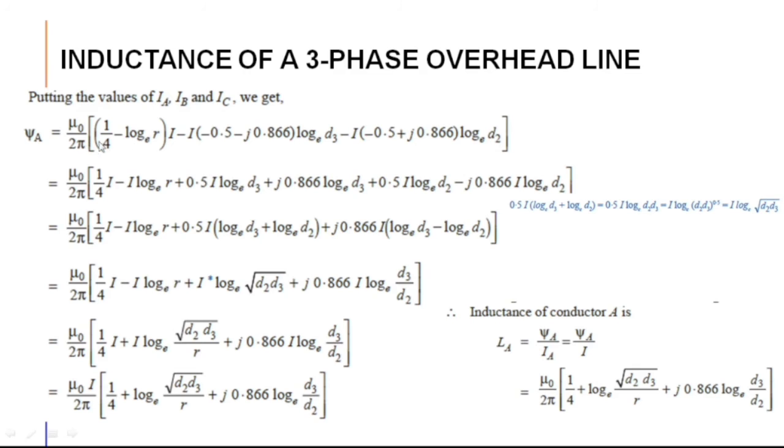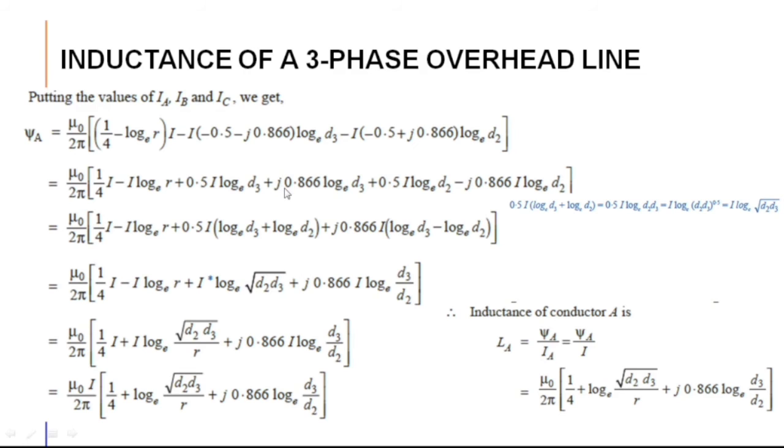Further simplification by expanding all these terms: 1 by 4 I minus I log R base e, plus 0.5 I log D3 base e plus j0.866 log D3 base e, plus 0.5 I log D2 base e minus j0.866 log D2 base e. Here also we are getting the I value.